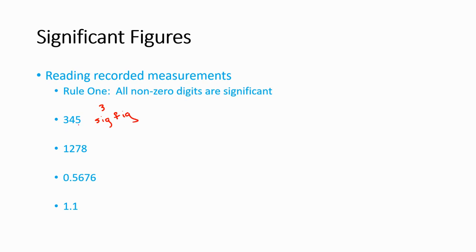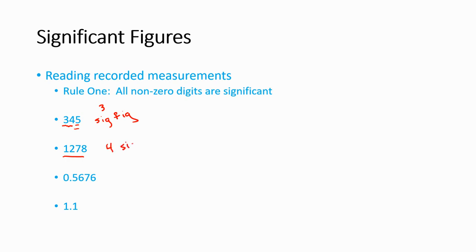Now remember, in any measurement, the last digit, I should really say in this case, the last non-zero digit, is a guess. And the digits that came before it are certain. But we know that those digits, all three of them, are significant. In 1278, there are four digits there. None of them are zero.